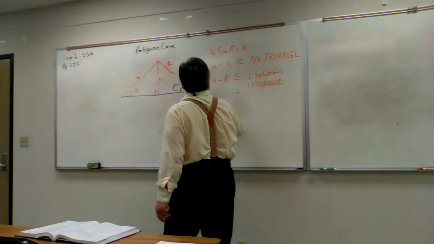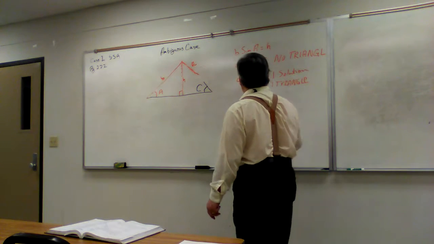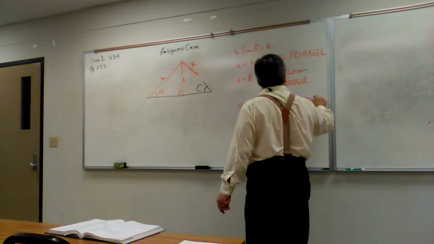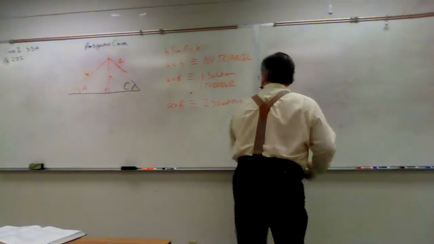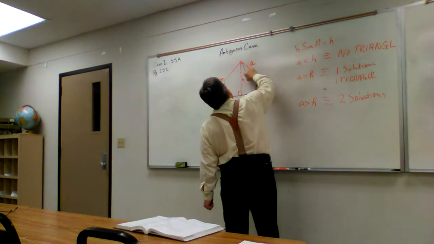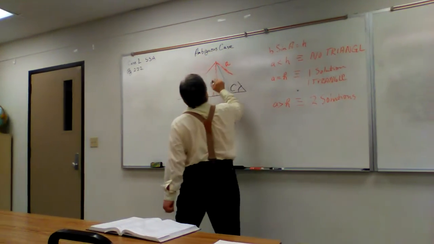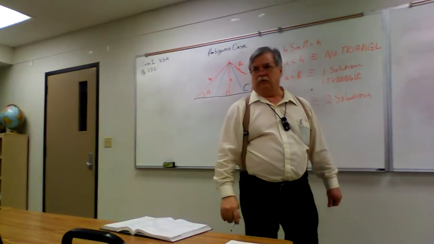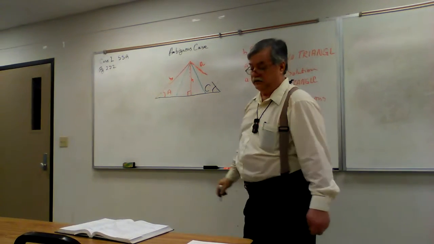But if A is greater than H, then you get two solutions. Okay? Suppose A is greater than H. Then you get one solution here when it first meets the bottom. And you get a second solution here. So you will get two separate triangles, two separate solutions if A is greater than H.